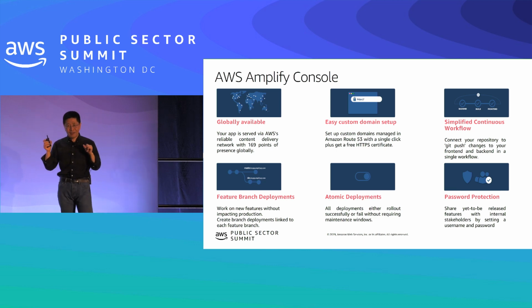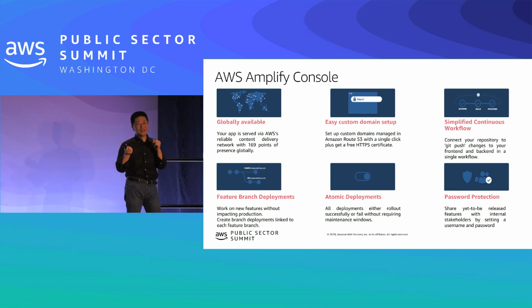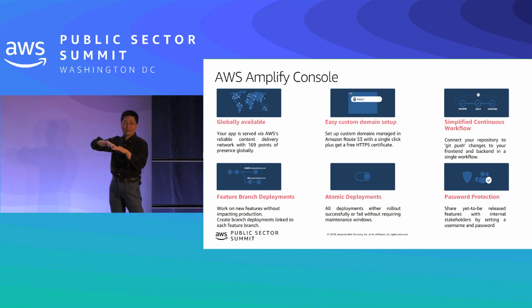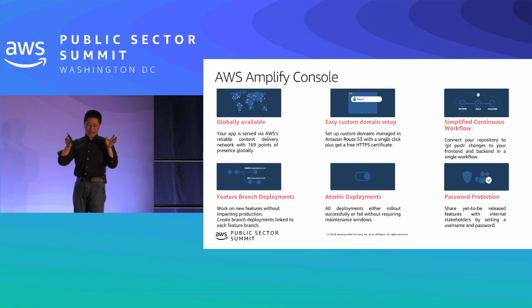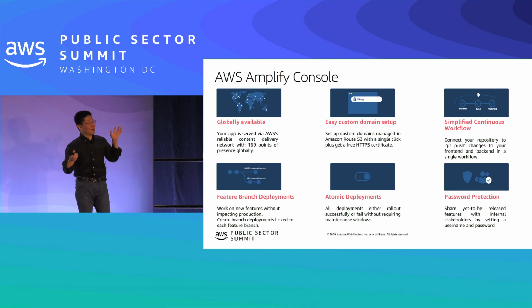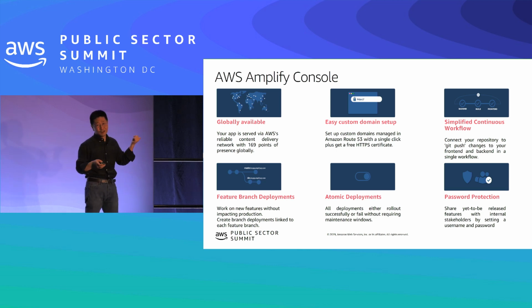You can also customize the domain names, so you can have your own domain associated with our certificate service, ACM. You can bind a certificate, then just use HTTPS. If you're working on some features that aren't public, you can password protect all those new features. Then a bunch of different features available for the CLI are also available on the console.